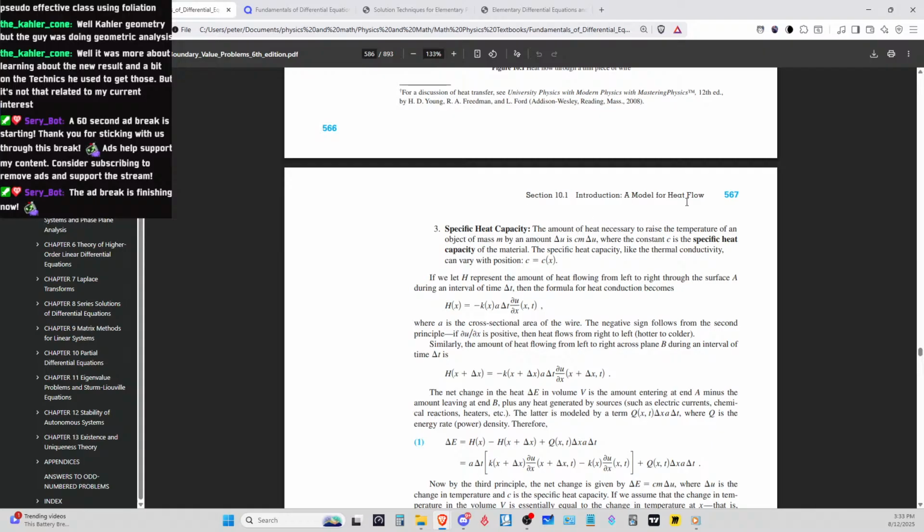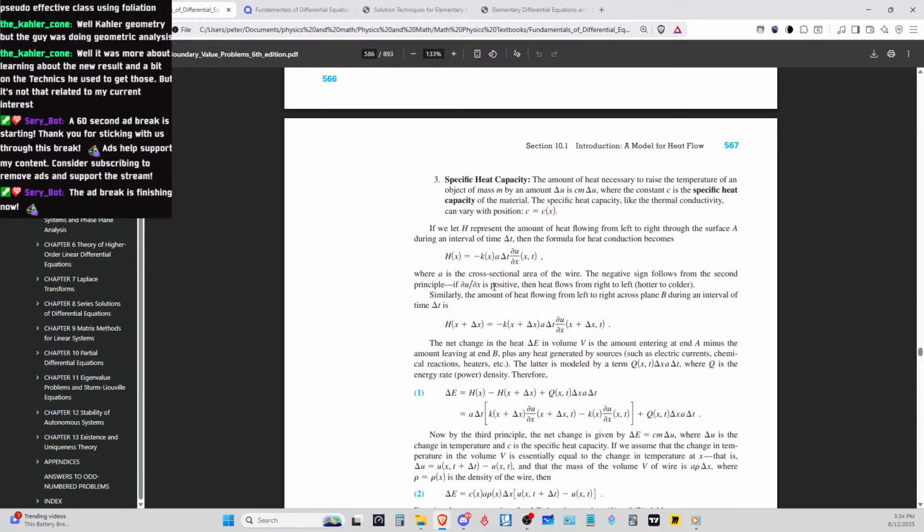The amount of heat necessary to raise the temperature of an object of mass m by the amount delta U is C m delta U, where the constant C is the specific heat capacity of the material. The specific heat capacity, like the thermal conductivity, can vary with position. So C is a function of x as well.